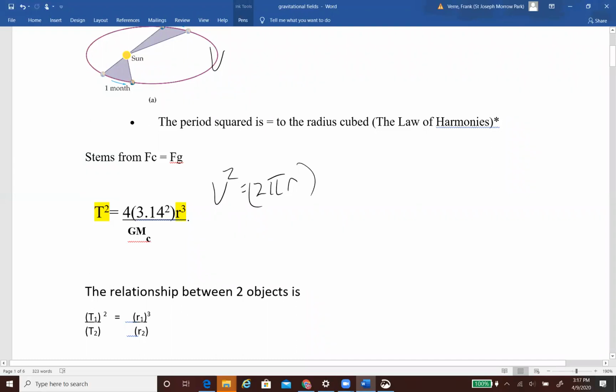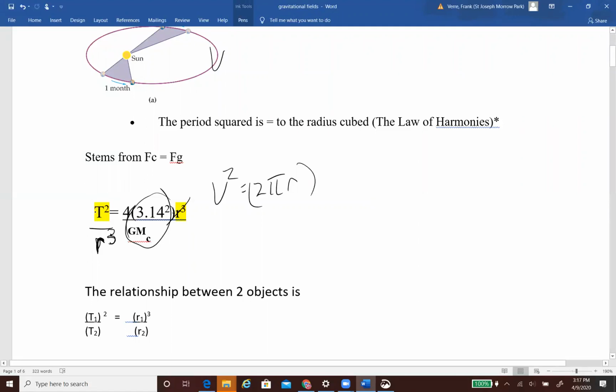So what you can do then is set up a relationship, because these things here are all constants. I can put R cubed and set up a relationship of period to radius.